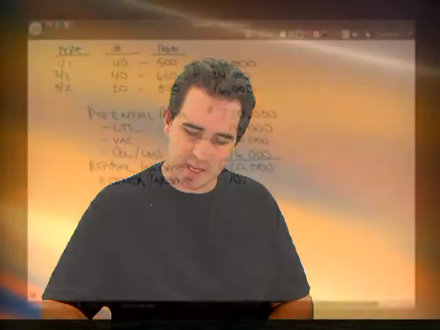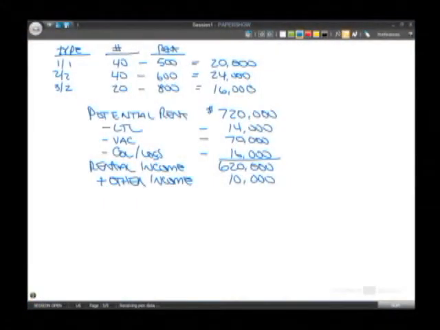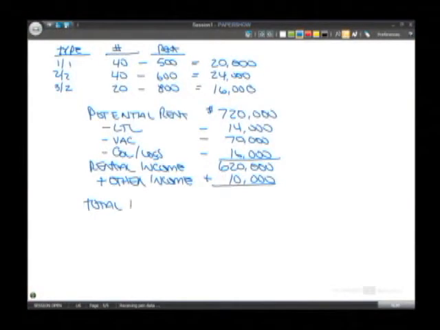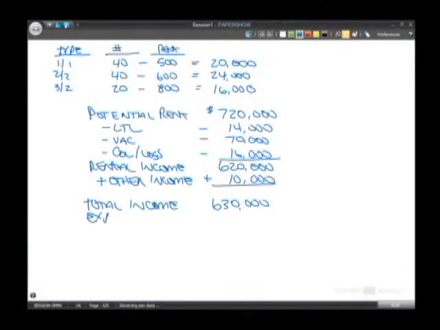and we'll use other income as $10,000 for the year. By the way, that's not a lot. Gives us our total income of $630,000. Now, since we're only talking about income, I'm just going to go ahead and plug in expenses then.